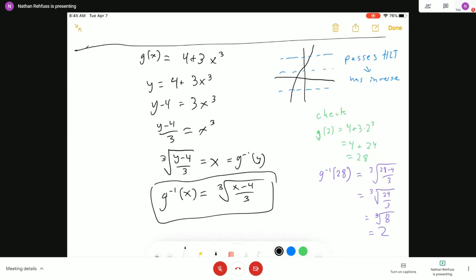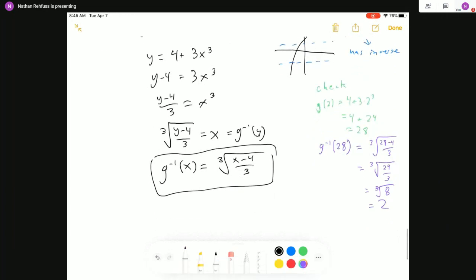In other words, what I just showed here is that g inverse of g of 2 was g inverse of 28, and it really was 2. So I passed that part of the definition. I could pick a different number and go in the other order if I wanted, but I'm not going to spend the time right now. I don't think I need to be that paranoid. I checked it at one point. It's probably fine. Be a pretty weird coincidence if it weren't.